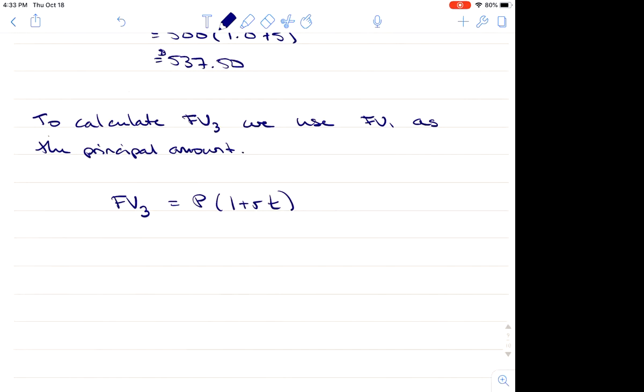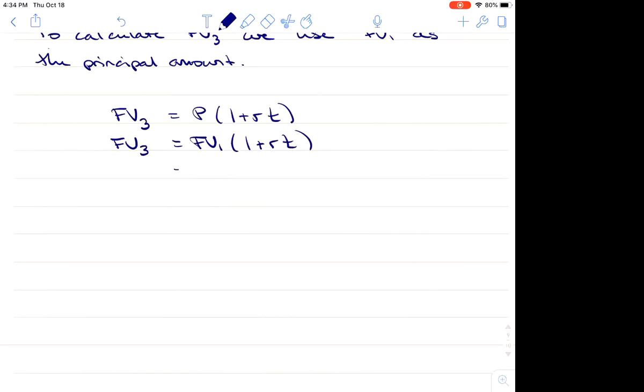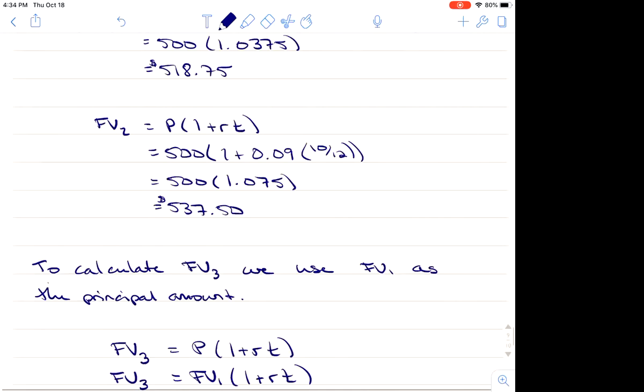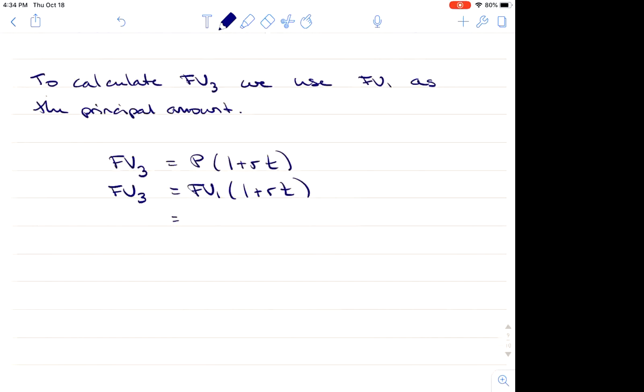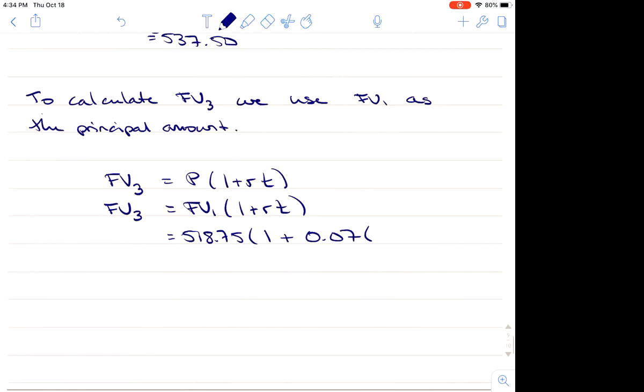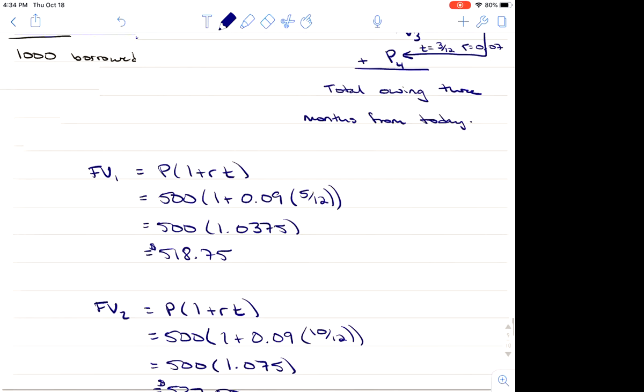Just to emphasize it, future value 3 is the same as future value 1 times 1 plus RT, which is 518.75 times 1 plus 0.07 times 2 out of 12.